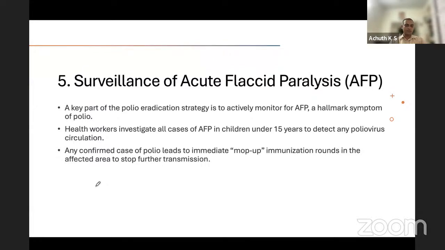If there is any confirmed case of polio, it leads to immediate mop-up immunization rounds. That means if any child comes with the symptoms of acute flaccid paralysis and it turns out to be polio, there will be one more mop-up immunization round in the affected area. Why? To stop the further transmission.